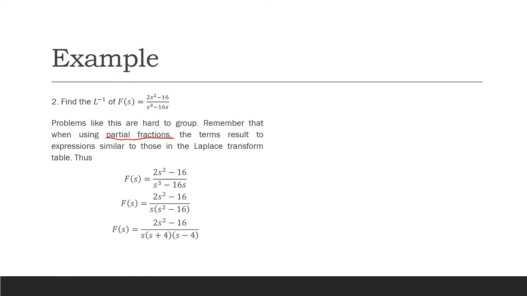So in this case, yung 2s squared minus 16 over s cubed minus 16s natin will become 2s squared minus 16 over s times s plus 4 times s minus 4. So ayan, nilabas lang natin yung s, naging s times s squared minus 16.